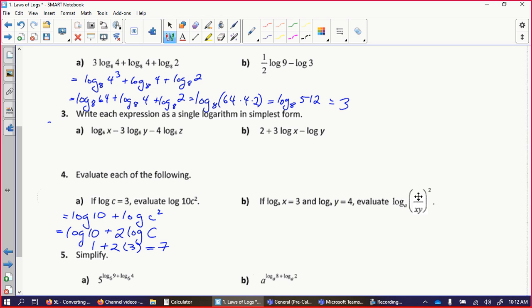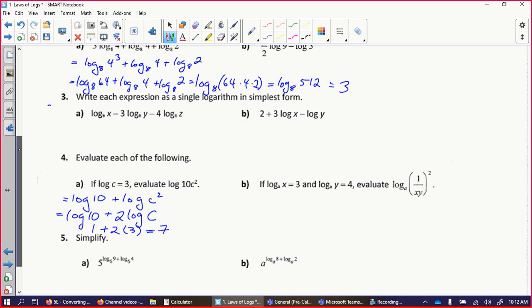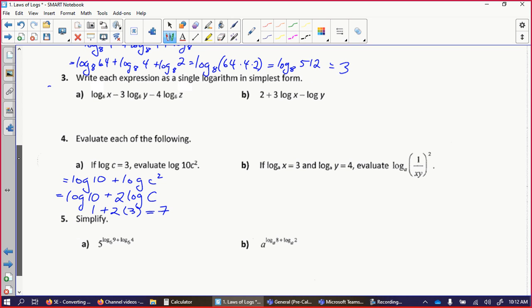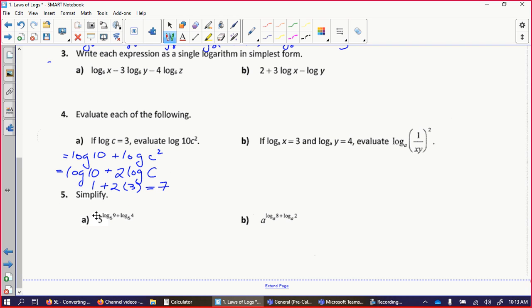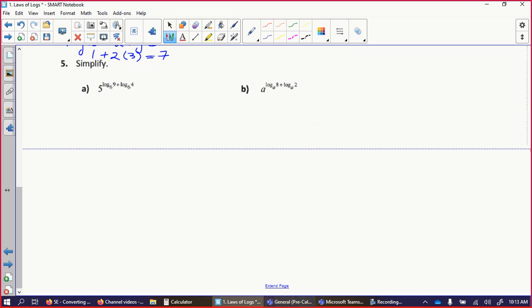Same business there. Log of this one, you'd have to move the 2 down. Well, I would expand that. This, oh my gosh, 5 to the power of log base 6 of 9 plus log base 6 of 4. Oh my gosh, I've got a base and a different base. Can we look at this bit on its own?